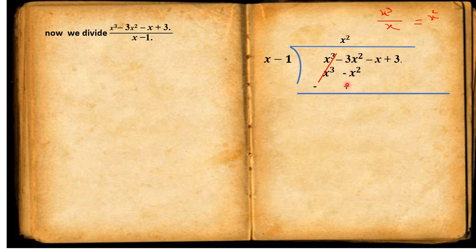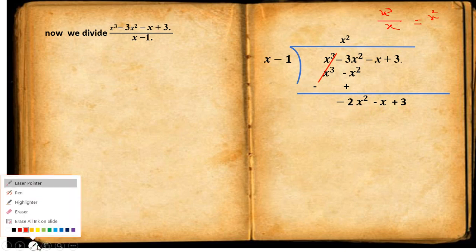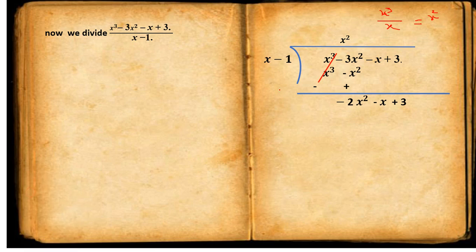So minus 3 plus 1, we get 2, that is minus 2x square, as 3 is the greater number and it has a minus sign, so we place minus 2x square, and the rest of the terms in the polynomial are minus x plus 3. Now this minus 2x square, we have to divide by x.